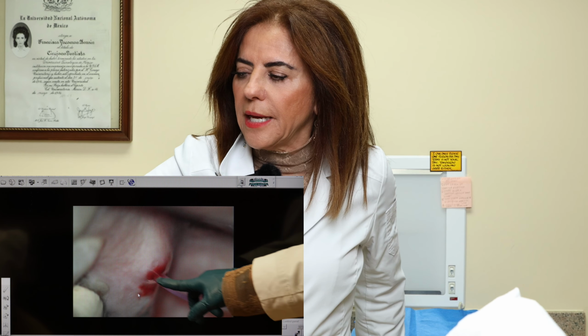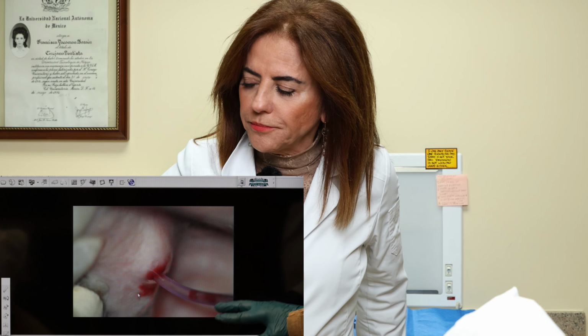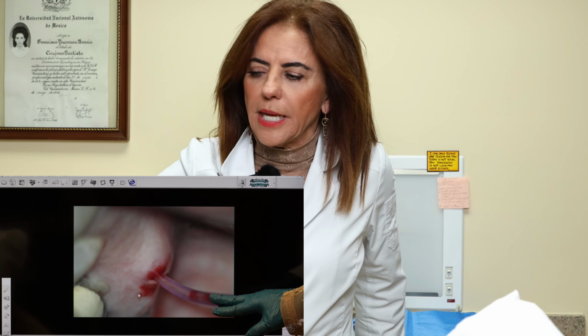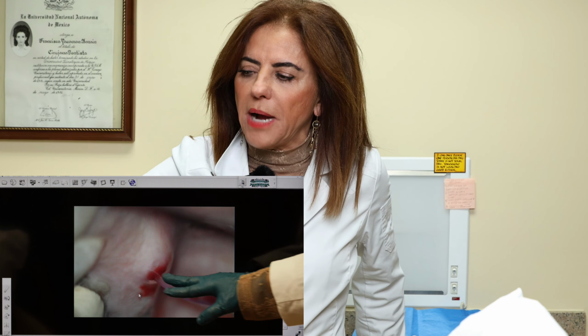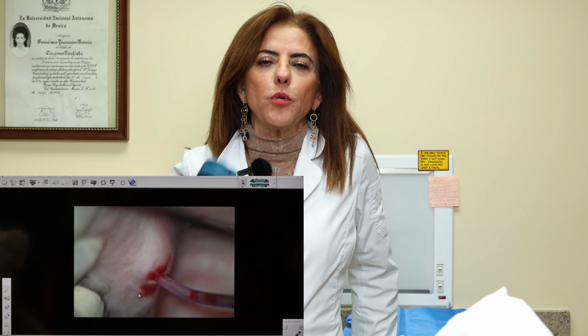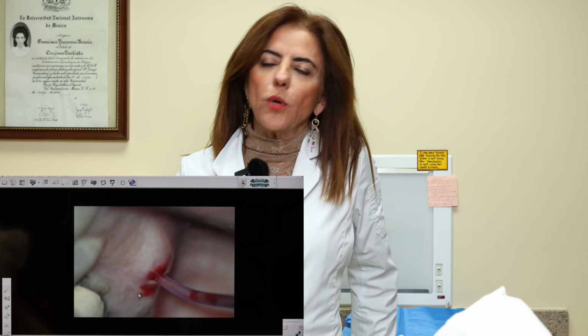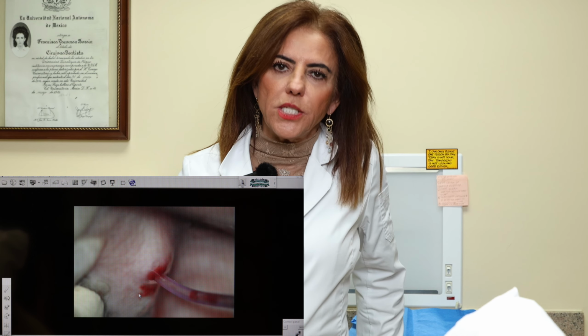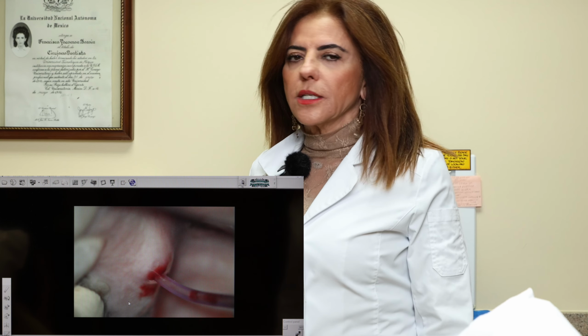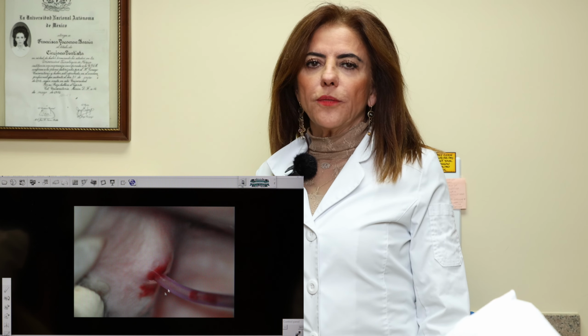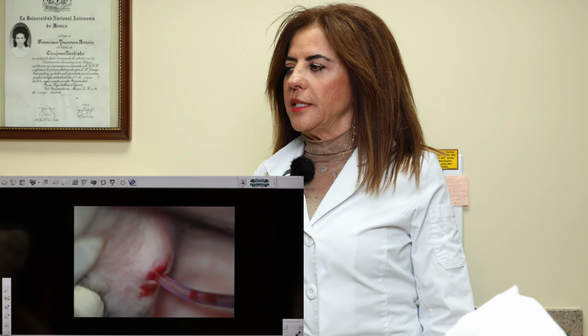With a small suction, like a pipette, we insert it in the area because it's so ready to get out that a little push is going to bring it out. So we were there draining for a while, this patient, until he was completely out of the inflammation in this part.